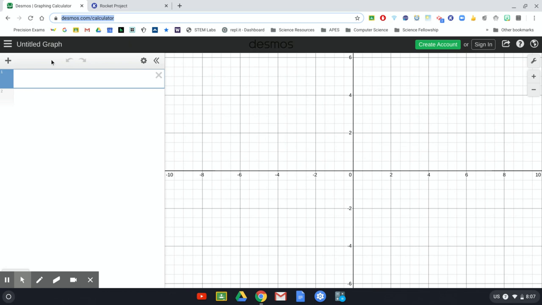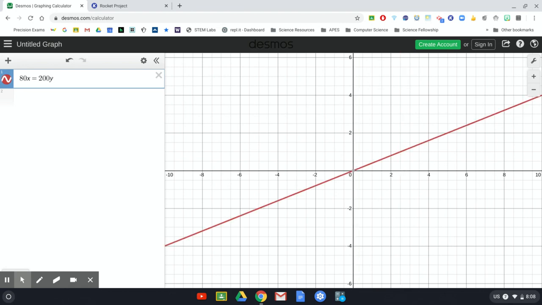So we're going to start off, I'm going to use the higher measurement. So I'm going to use the 80 times x, and that has to equal the 200 times y. So that's going to make sure that my center of gravity is right there in that connection point between the two stages.